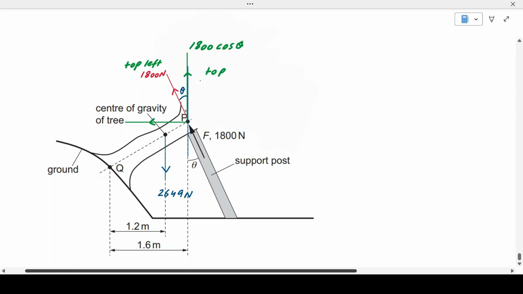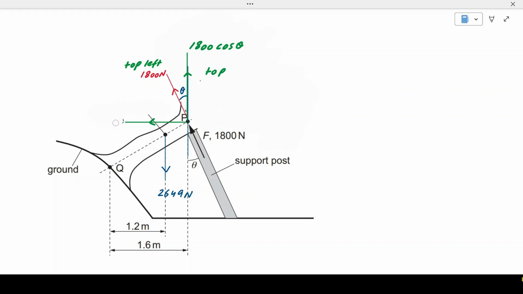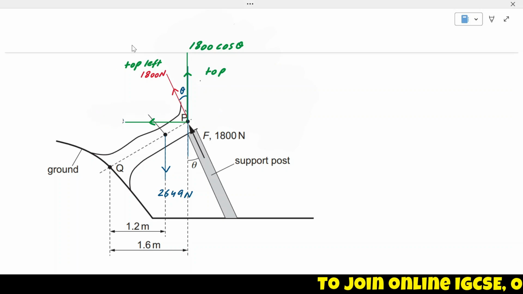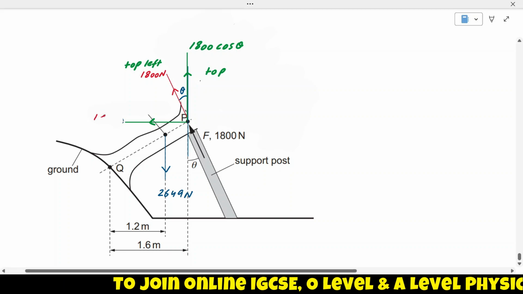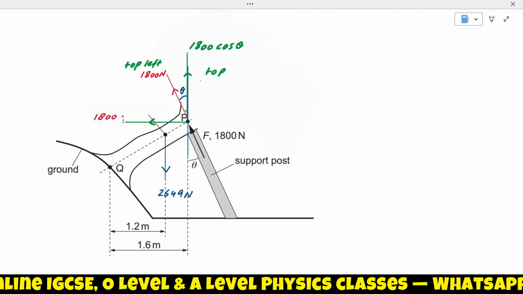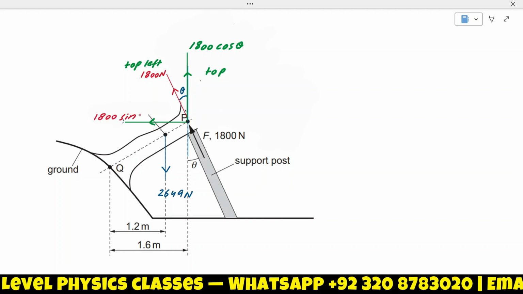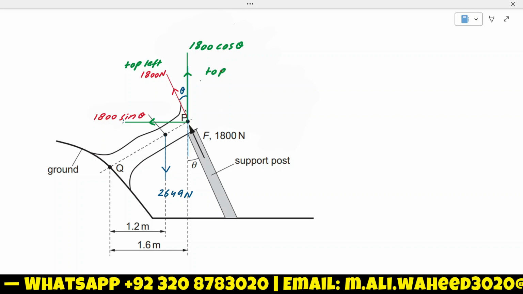1800 times cos theta, and the other one should be 1800 times sin theta. This one can be 1800 sin theta. This is not connected to the given angle.